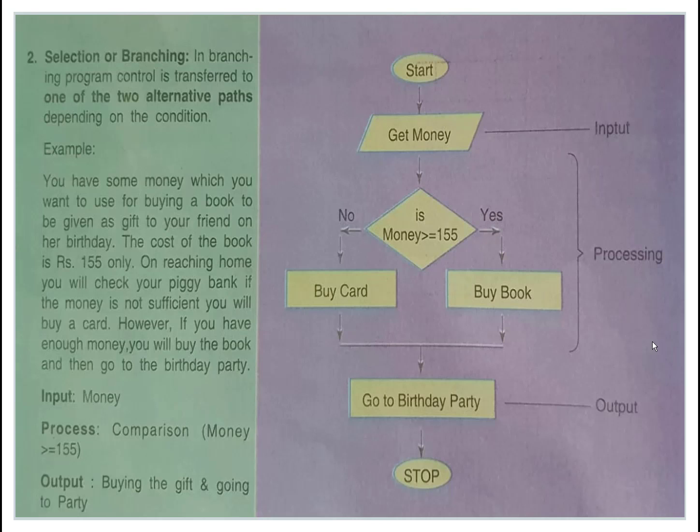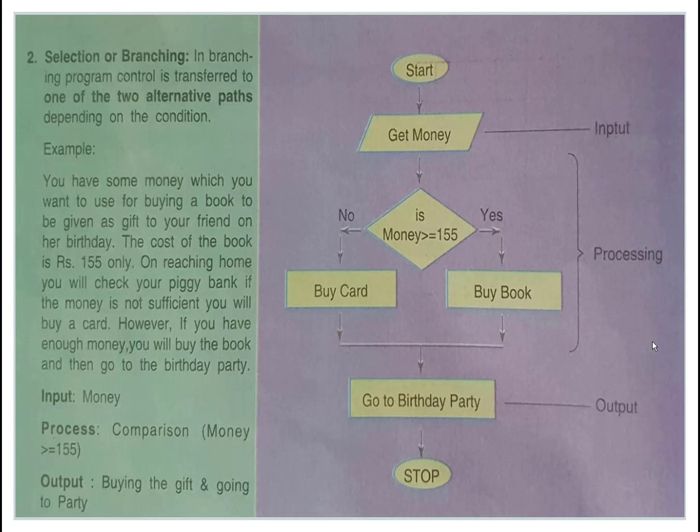However, if you have enough money, you will buy the book and then go to the birthday party. So our input is money, processing is comparison, money equal to 155 or not equal to 155, and in the last, output, buying the gift and going to a party.